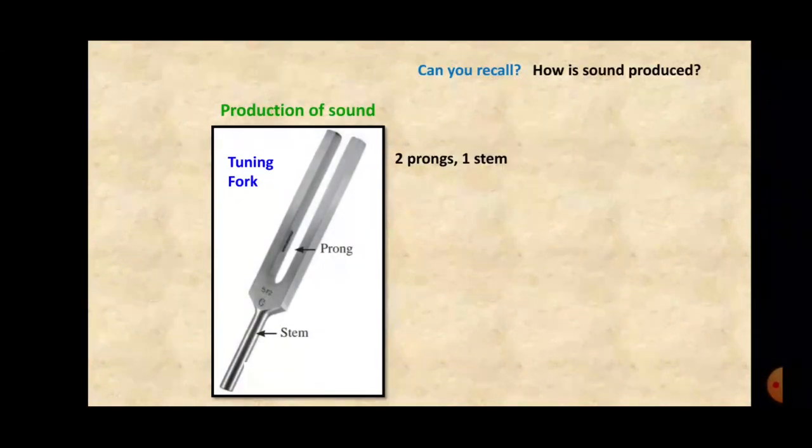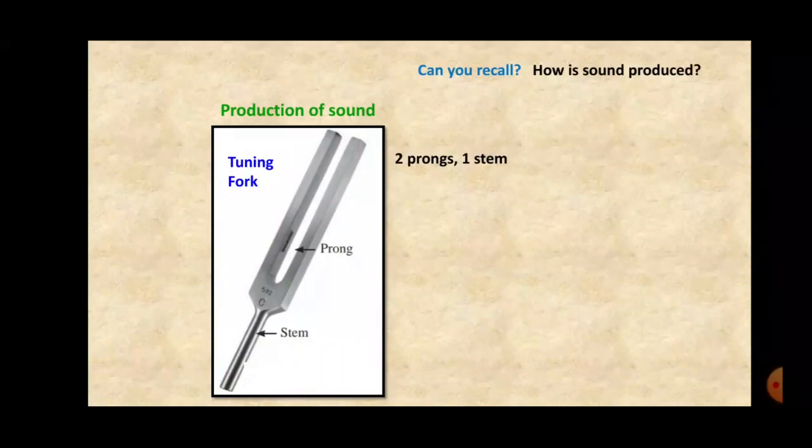It is a U-shaped object having a stem or a handle. The upper two vertical parts are called the prongs, and the lower single handle is called the stem. So the tuning fork consists of two prongs and one stem.